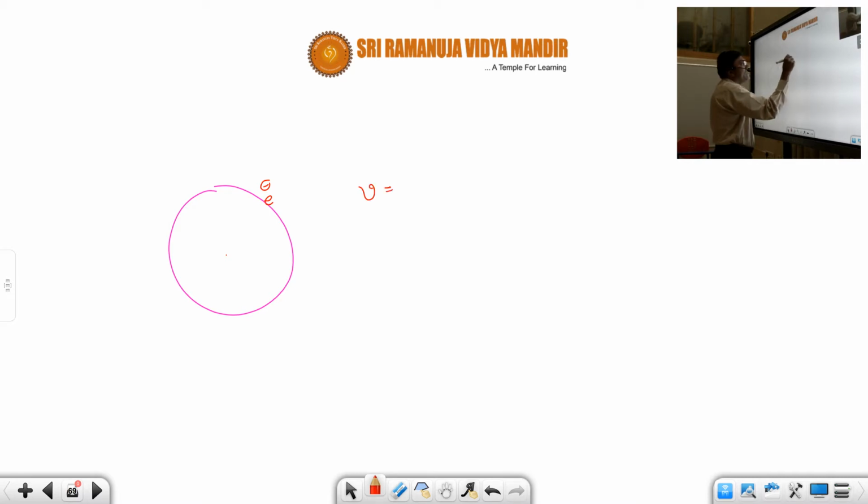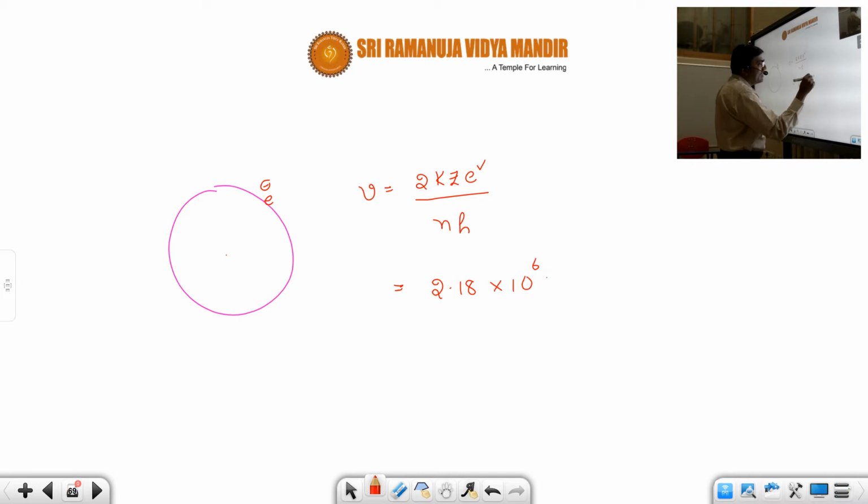That velocity is given by 2 pi k z e square by nh. You know, students, here k is constant, e square is constant, and h is constant. So if you calculate, you will be getting 2.18 into 10 power 6 meters per second into, here there are some variables. What are the variables? Z and n. So into z by n.